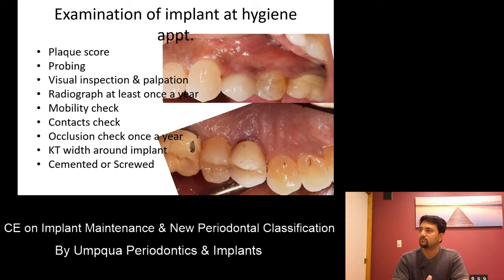If a patient comes to you for a hygiene appointment, what are the steps that you should do? I would recommend taking a plaque score, probing, of course, around the implant, visual inspection and palpation. Sometimes I have seen that if you just use the tip of a finger and roll apical to coronal, you can sometimes see exudate or suppuration coming from the pocket.